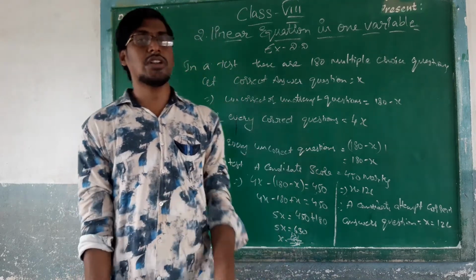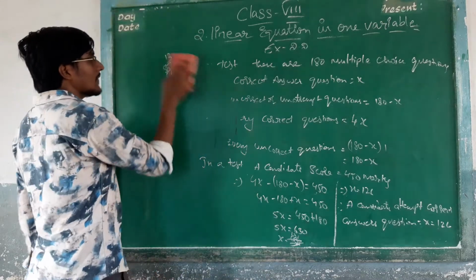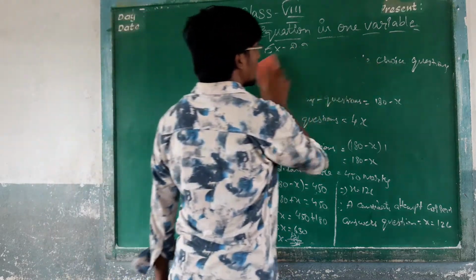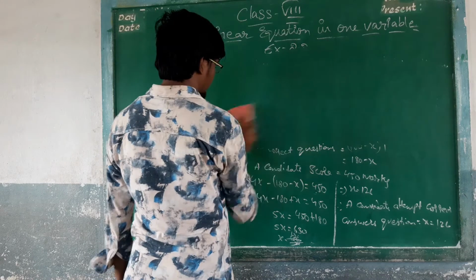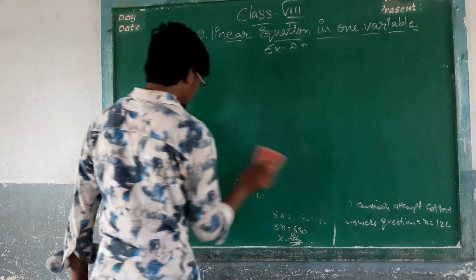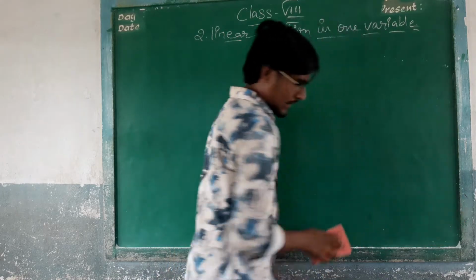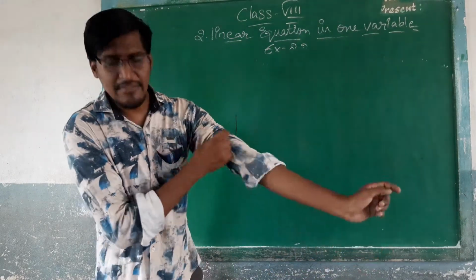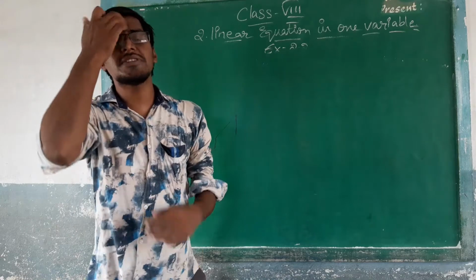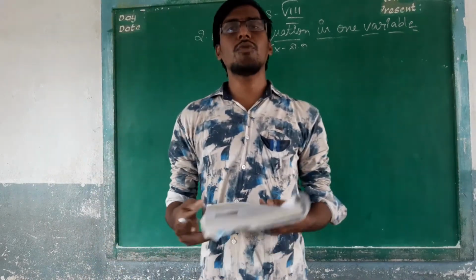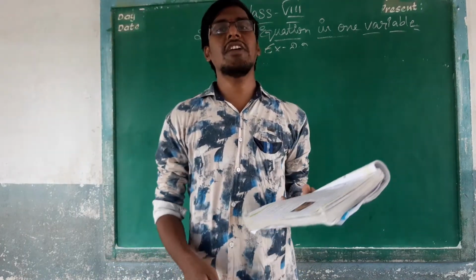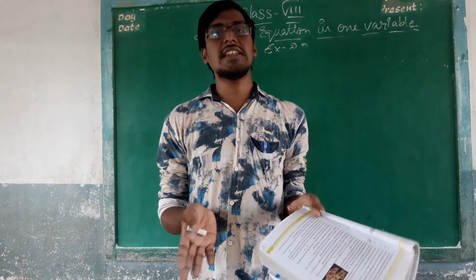Next, move on to the 14th sum. What is given in the 14th sum here? A sum of rupees 500 is in the form of denominations of 5 rupees and 10 rupees.